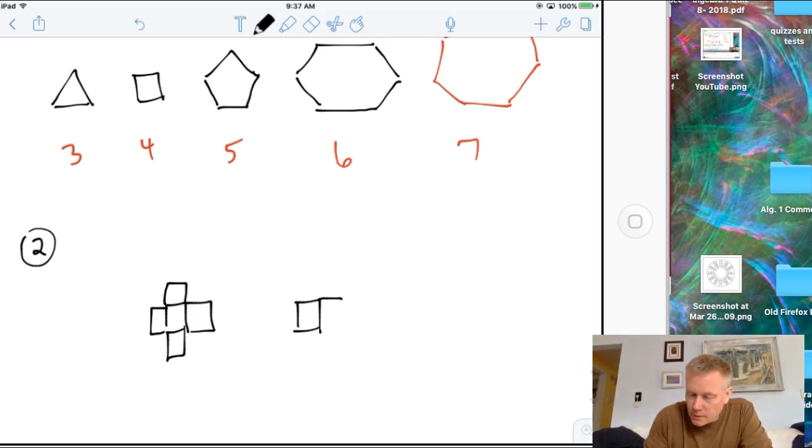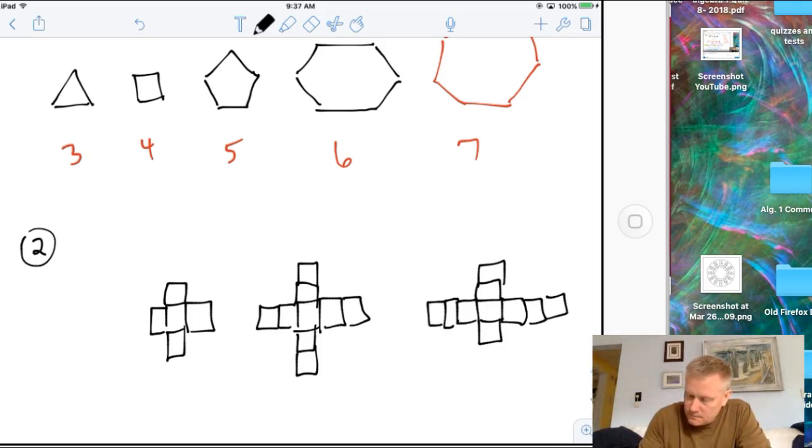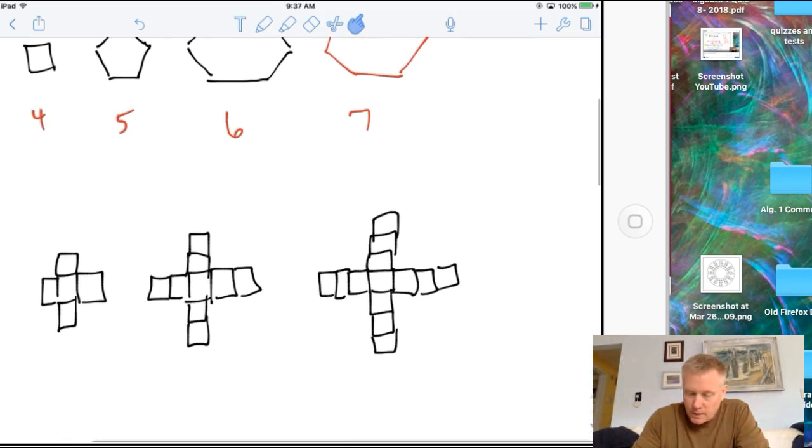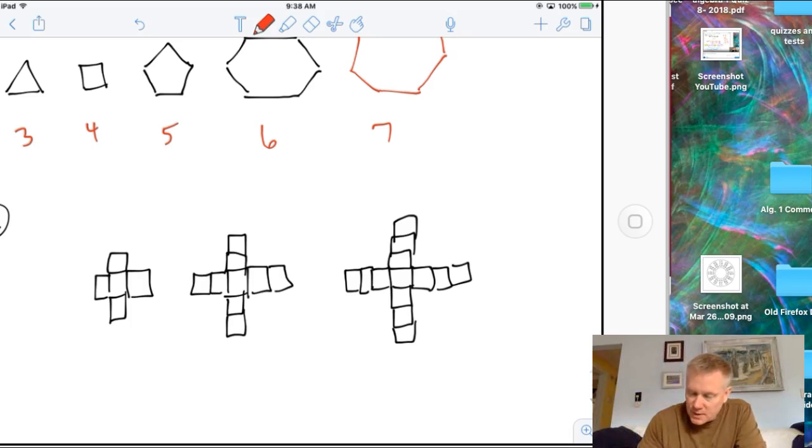You have to excuse my drawing here, definitely not perfect. All right, so what would the next one look like? Well, you can see that the base figure here, you just keep adding more boxes onto the middle.